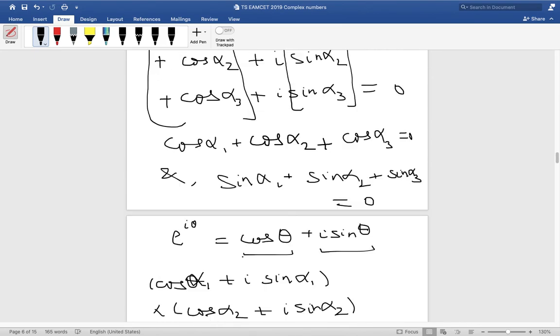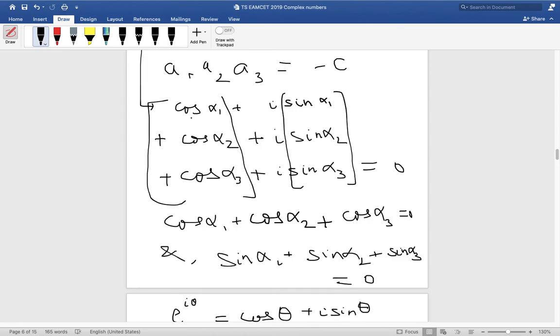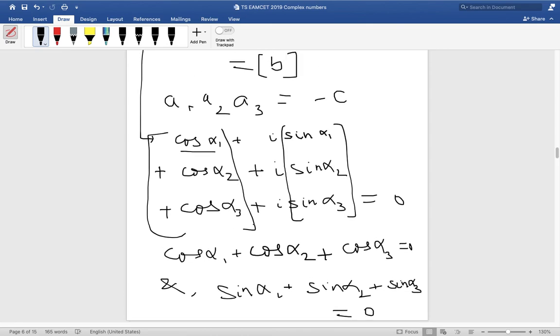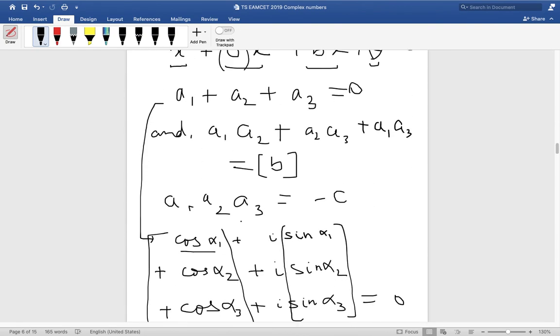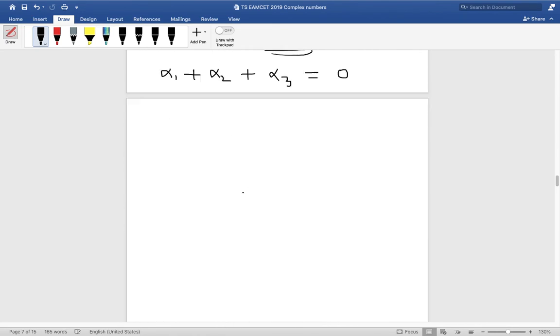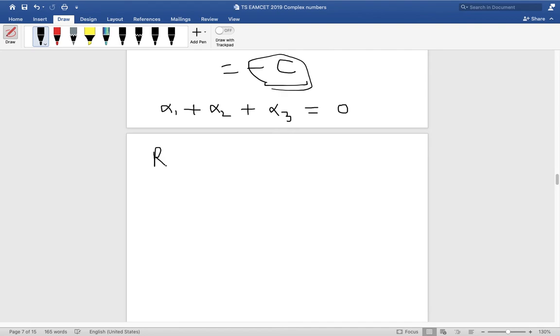Now we look at b. The real part of b is, sorry, where is b? Yeah, b is here: a1 a2 plus a2 a3 plus a1 a3. Let us write the real part of b first. Real part of b, which is real part of a1 a2 plus a2 a3 plus a3 a1.